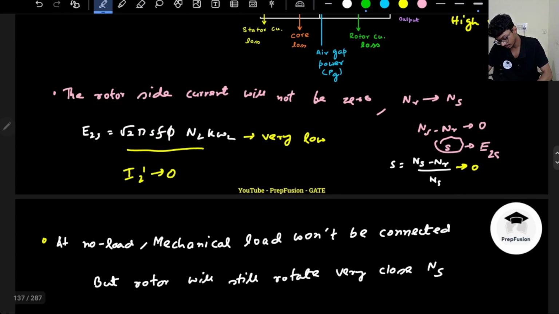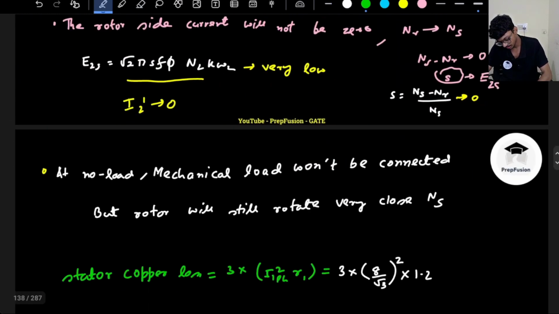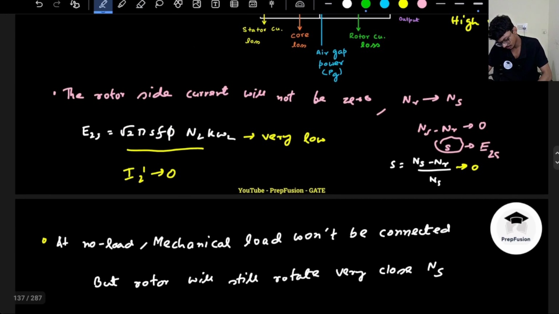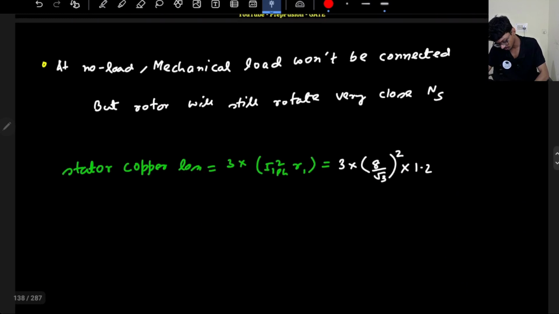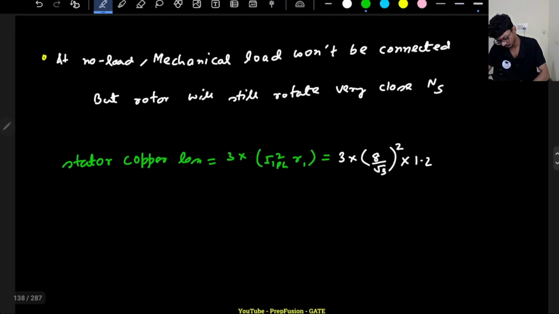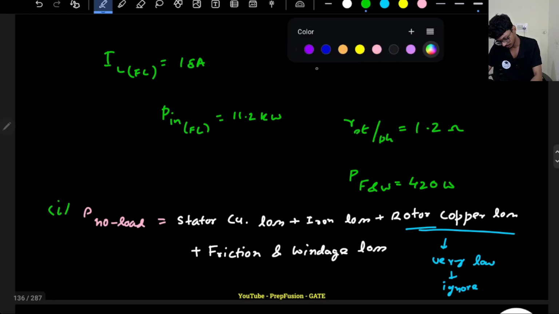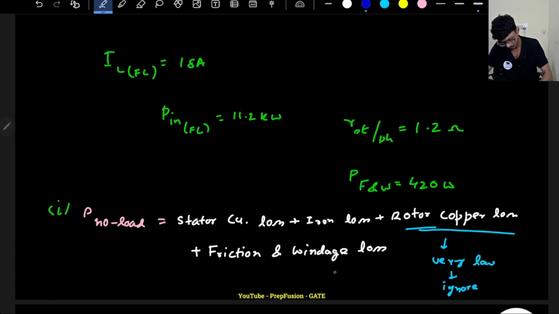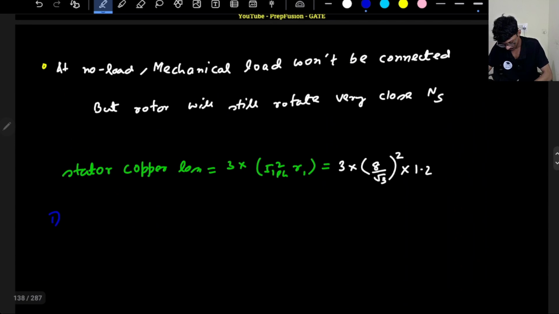Basically, in the first portion I have to find out the iron losses. I know the stator copper loss. I am ignoring the rotor copper losses, so only these three are present. So if I write equation 1 again, the no load loss is 660.